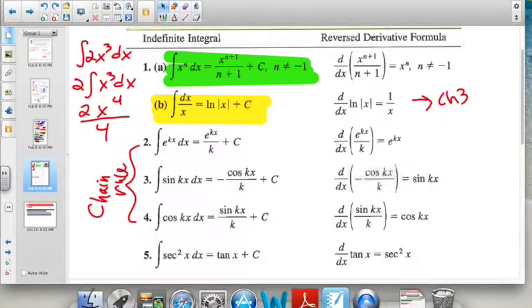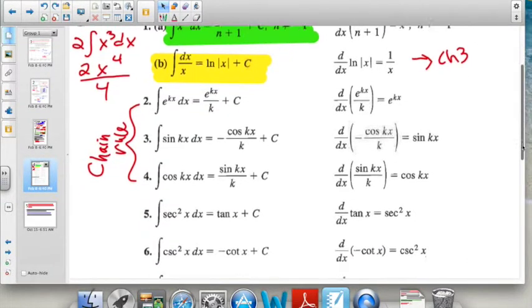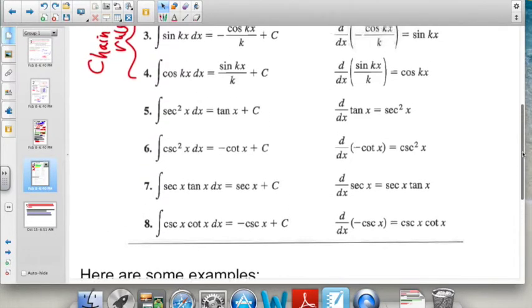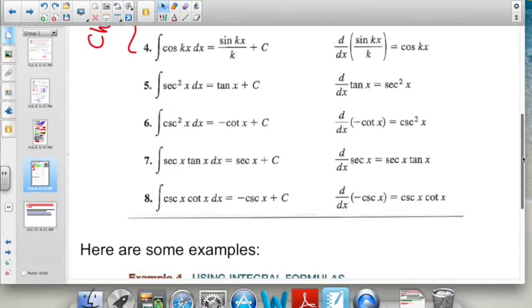Okay, and then these are always important. Down below are your trigonometric rules. Honestly, if we look at this row, memorize, because you'll find it on a no calculator part.